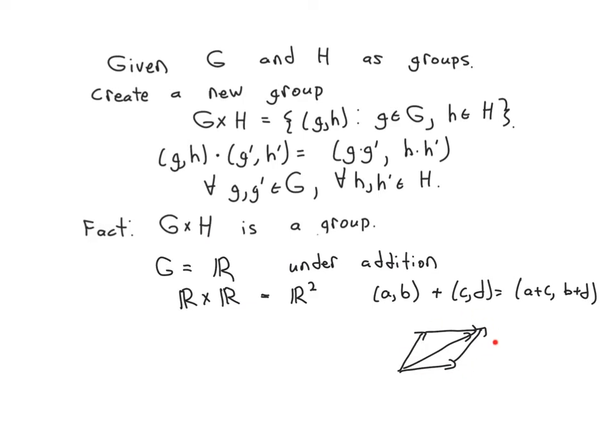So the parallelogram law is a special case of this operation. We won't discuss it much in this course, but you can also iterate the direct product. And so R to the n is a generalization of this operation. So given multiple groups, G1 through Gn, you can do the same thing. You're looking at sequences and the same type of operation.